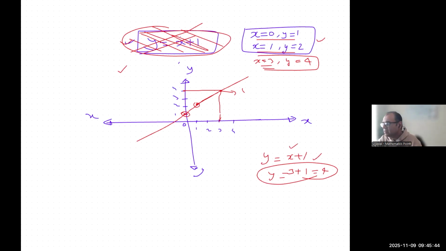Is this point clear to everyone? How I have used the relationship to draw the graph, and how I have used the graph to find the relationship. So we can use it either way.